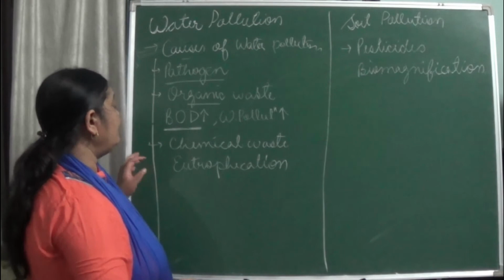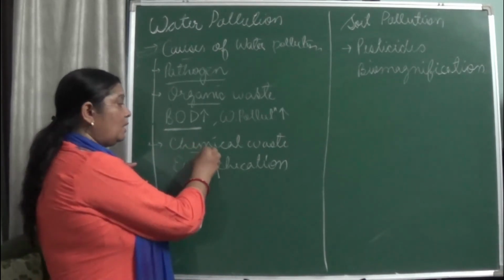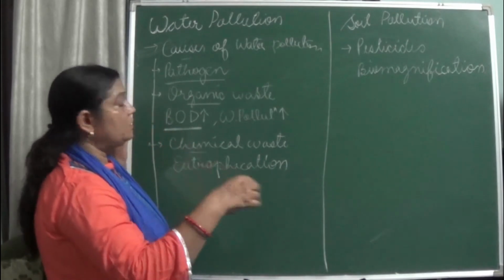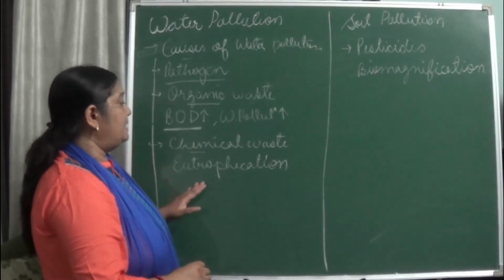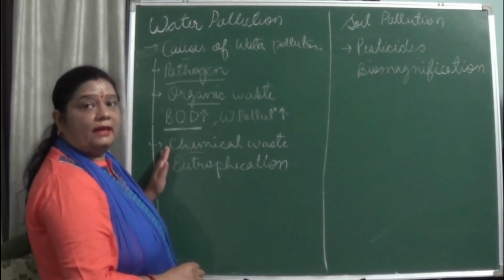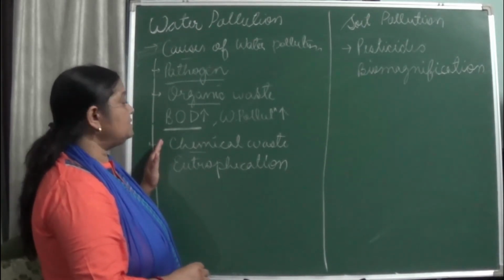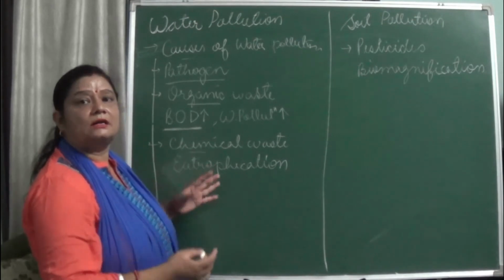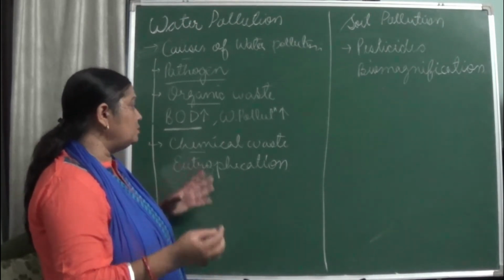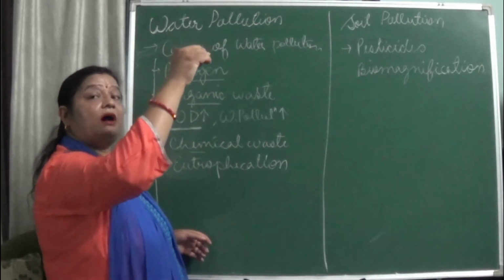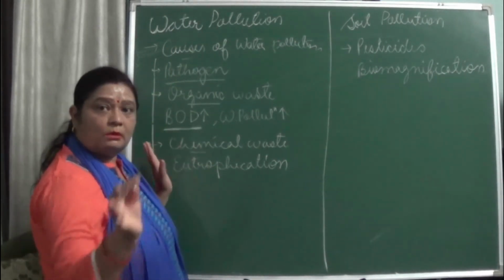The chemicals are also just disposed in the water body, organic waste also in the water body, and as a result, what happens? These are all nutrients only, and due to this a number of plants start growing. So plant growth increases with height, and it covers the whole area.